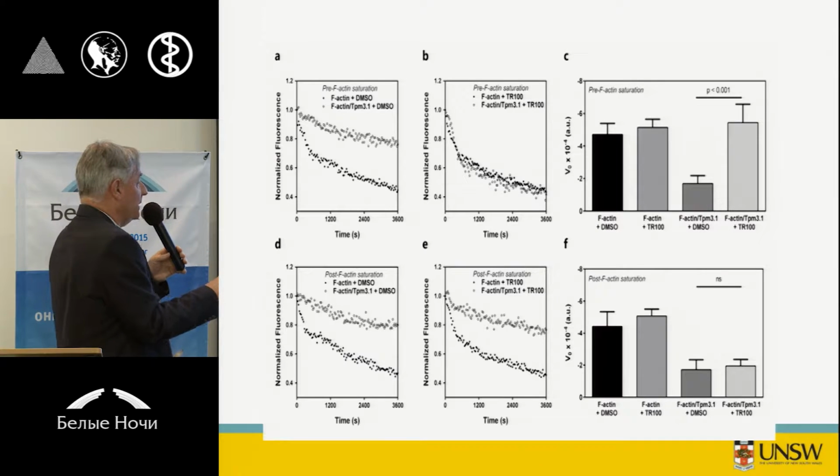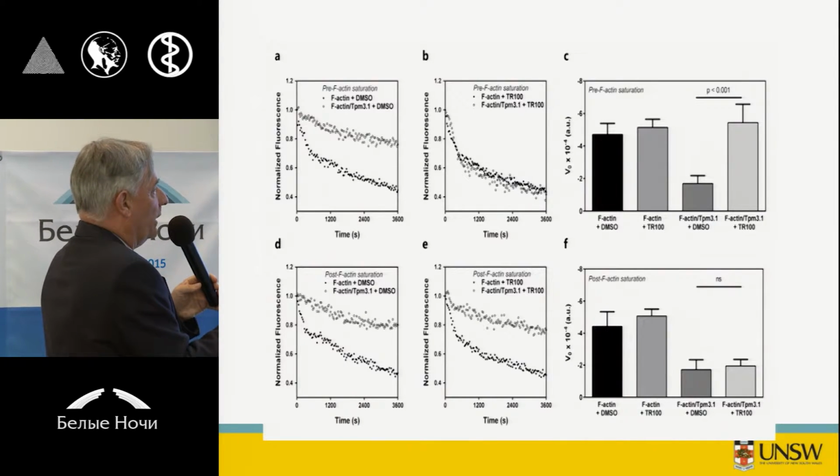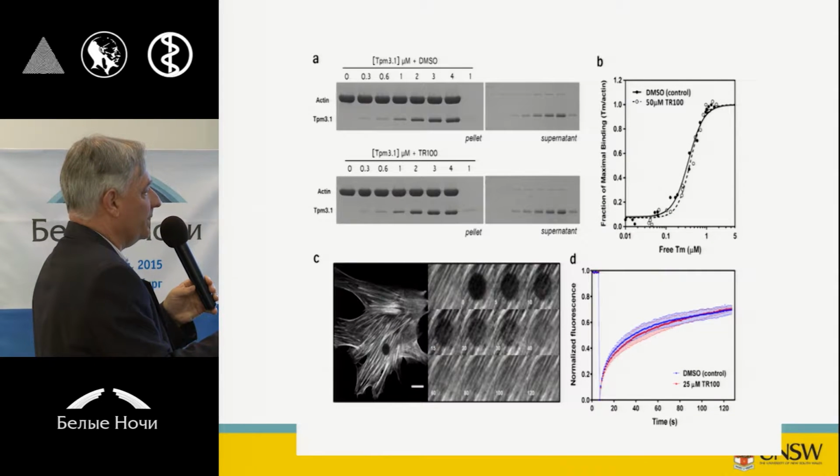Surprisingly, if you allow the actin polymer to form and then expose it to the drug, it actually has no effect on the ability of tropomyosin to protect the filament. So what that was suggesting was that when you pre-incubate the tropomyosin with the drug, the tropomyosin can no longer protect the filament. Now, how is that happening?